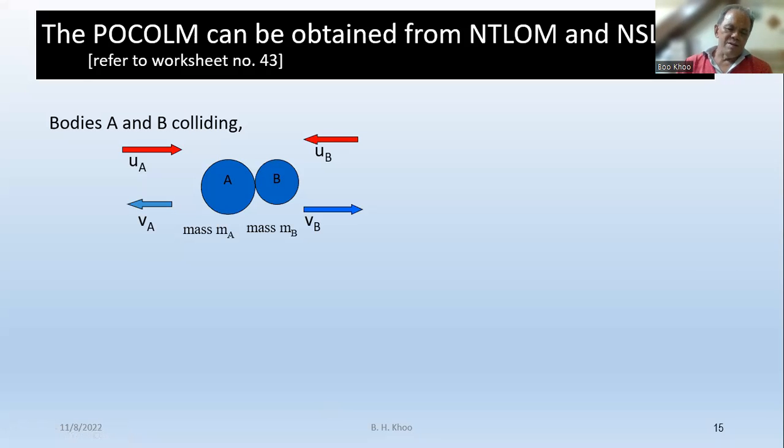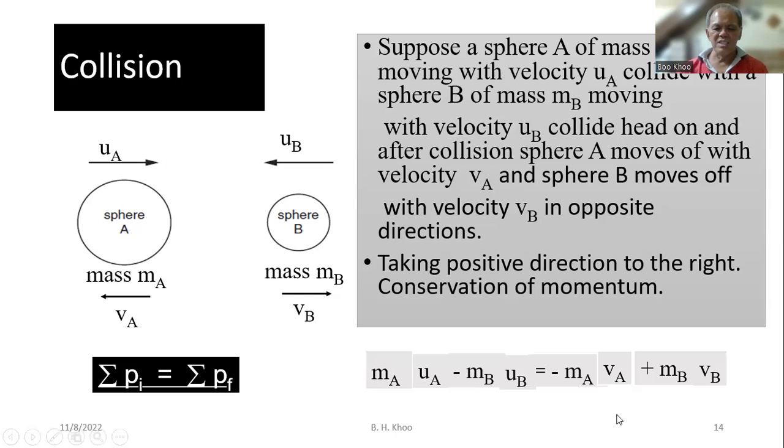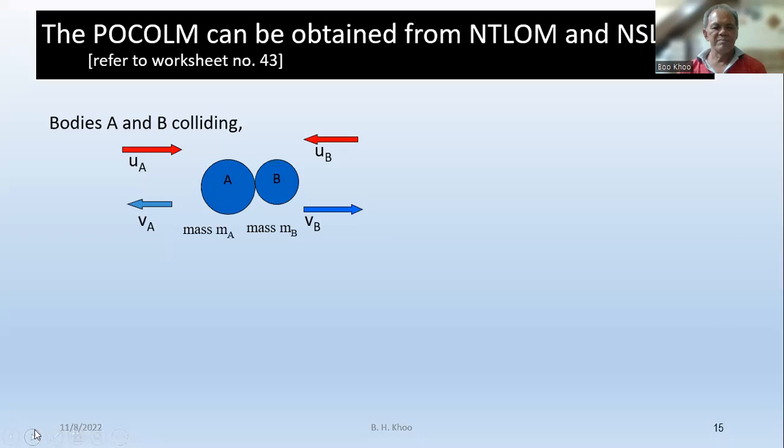Now we are going to derive this equation that we wrote previously. Let these two spheres collide. The principle of conservation of linear momentum can be obtained from Newton's third law of motion and Newton's second law of motion. Body A and body B colliding.